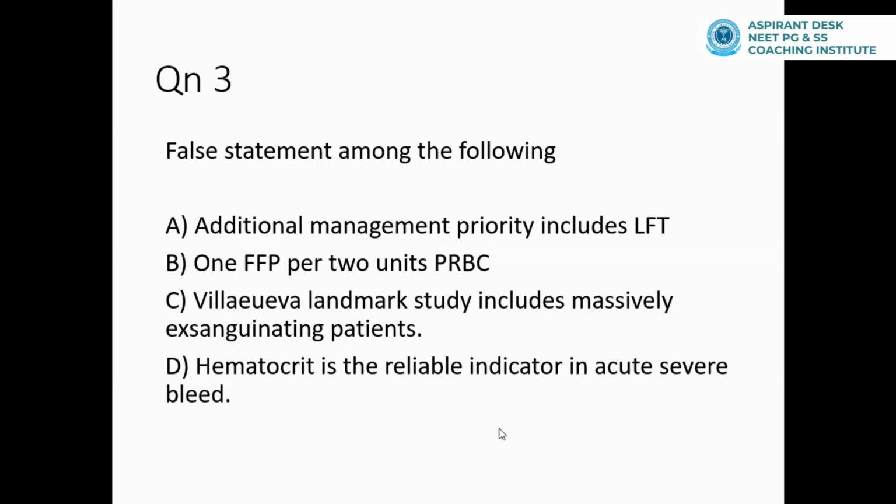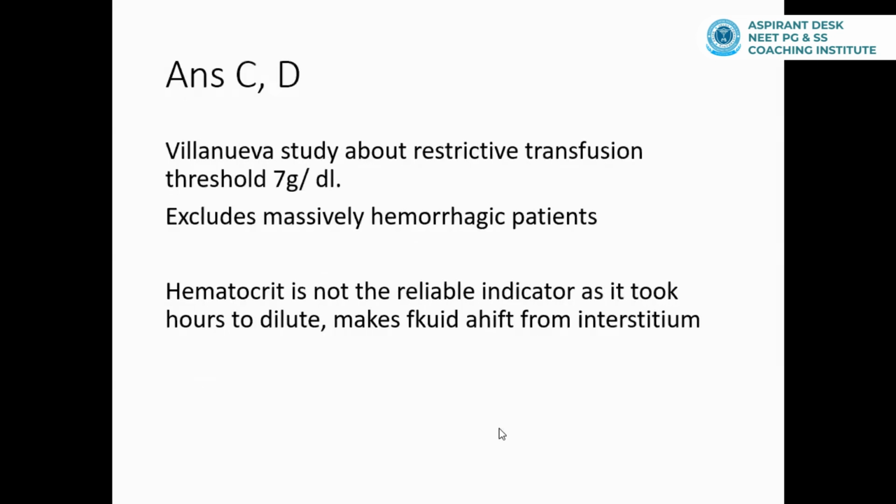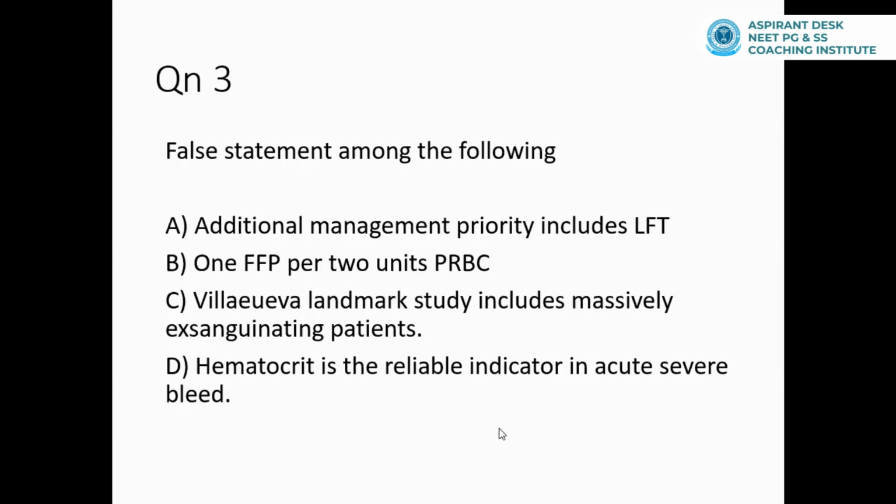Actually, this is a kind of PG-type question, so there are two wrong options in this: option C and option D. The Villanueva study is about restrictive transfusion, where the threshold is only 7 gram per deciliter, which excludes massively hemorrhagic patients. So the third option is wrong.